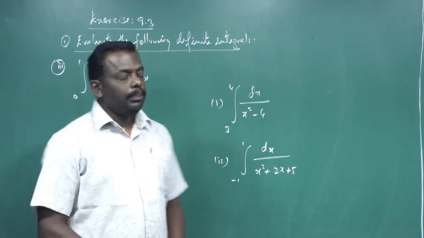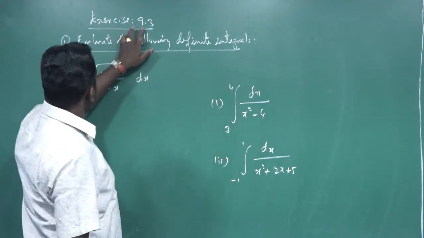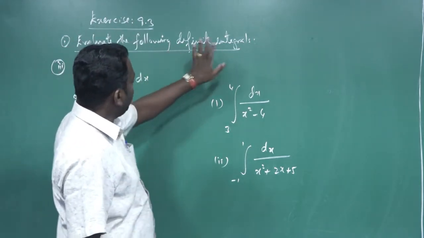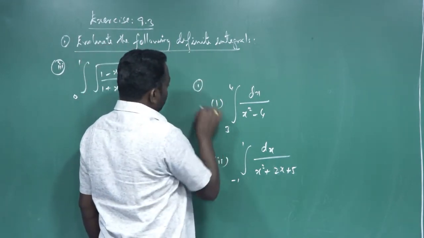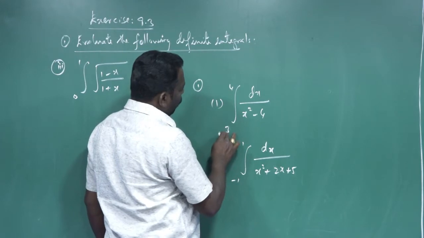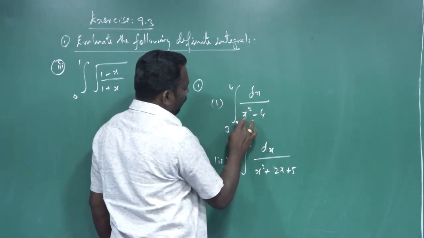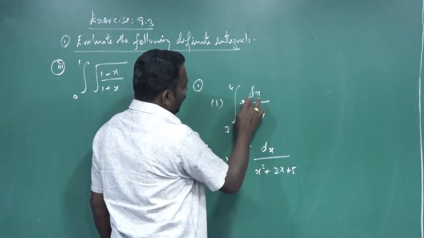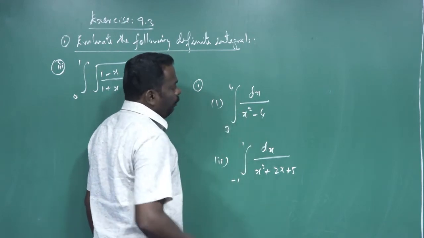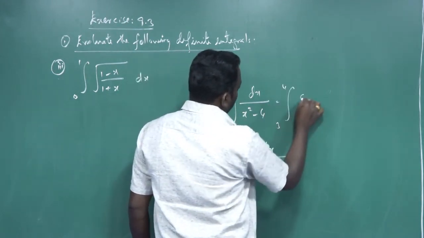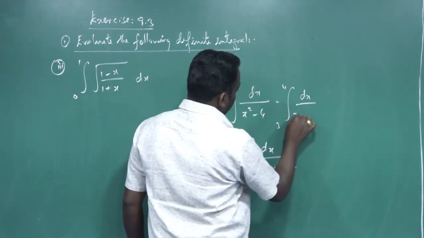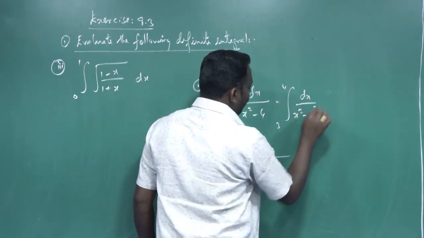Come to the next one. Exercise problem 9.3. Evaluate the following definite integrals. First subdivision: the integral from 2 to 3 of dx by square root of x square minus a square. That will convert to the integral from 3 to 4 of dx by x square minus 2 square form.